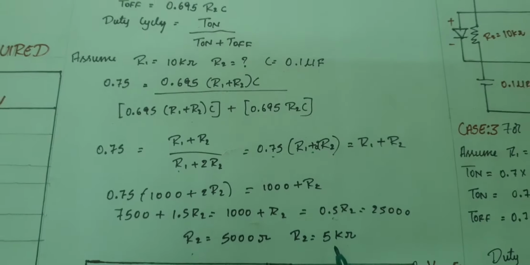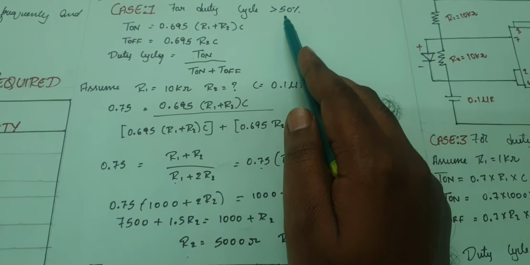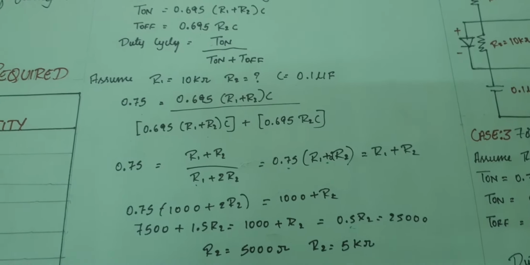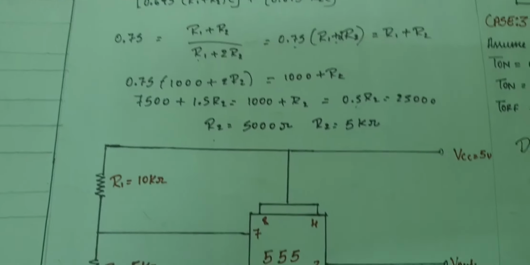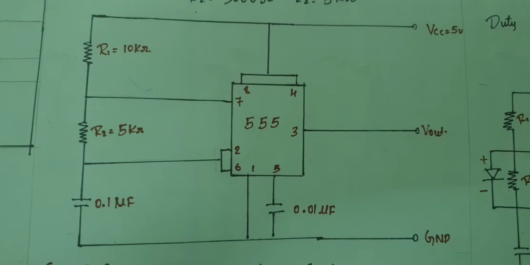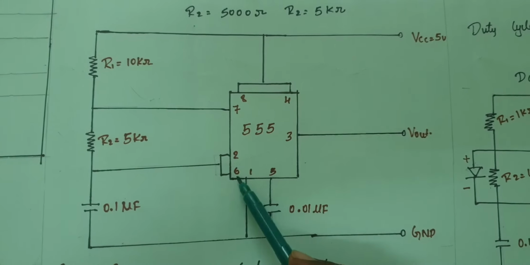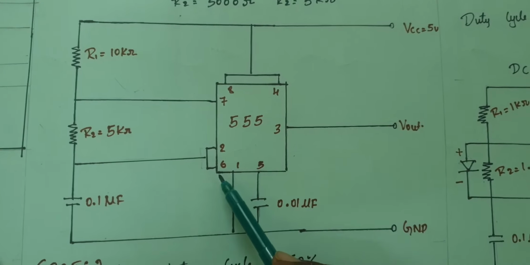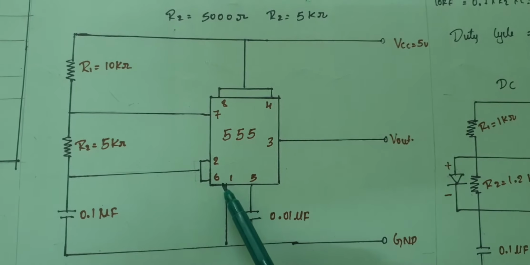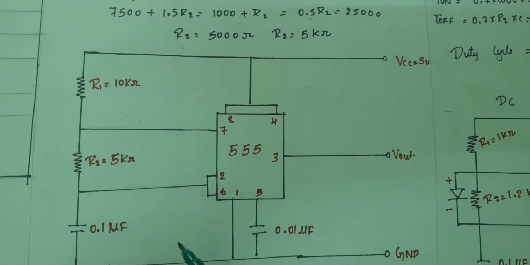So this is your first case for which the duty cycle is greater than 50%. We have taken the value of 75%. Now let's construct the circuit for the same. This is the circuit diagram which you are seeing. This is the 555 timer, where your second and sixth pins are shorted. Your second pin is your trigger and sixth is your threshold. Seventh pin will be acting as the discharge point.